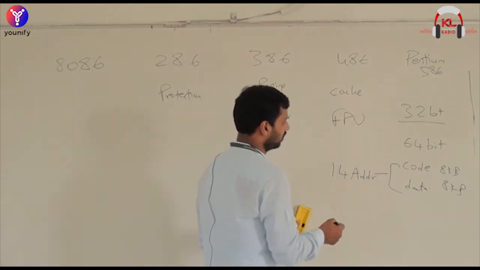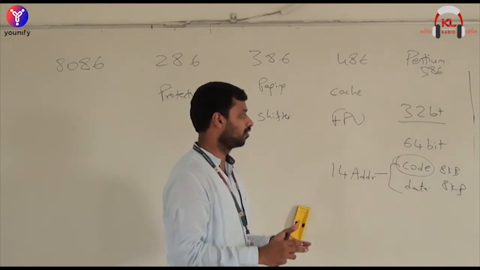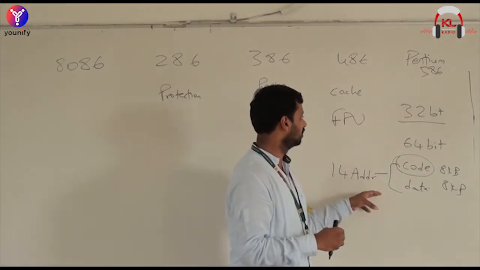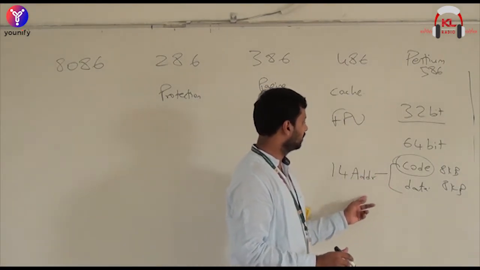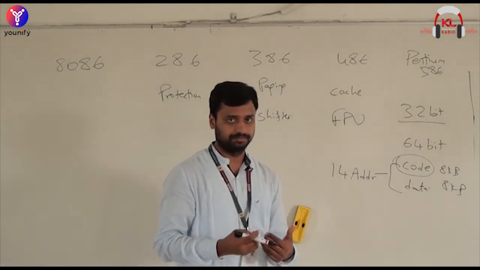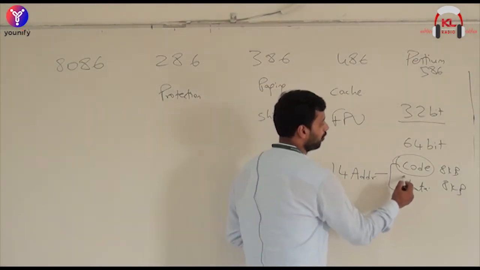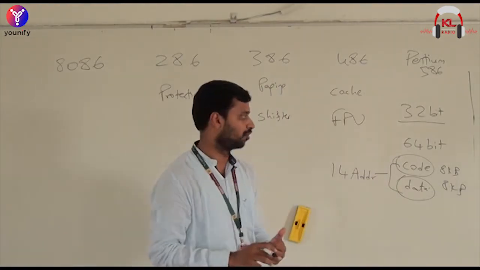Because the code part will go into the code cache, which is going into the decoder, and then the control unit will select the appropriate option in the ALU. Similarly, whenever we go into the execution part, it requires the data to be executed. So the data operands can be found in the data cache. So this partitioning will help the processor to execute much faster.